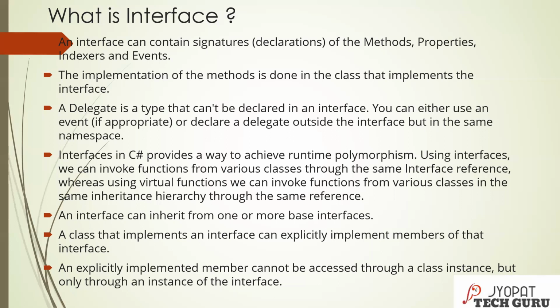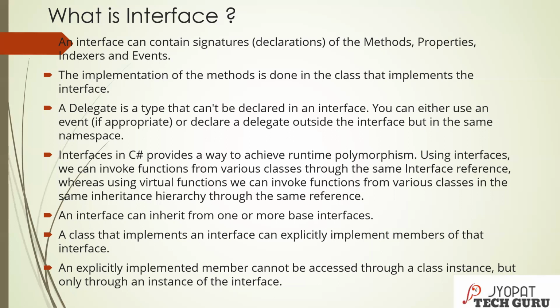A delegate is a type that can't be declared in an interface. So I cannot declare a delegate inside the interface. What is a delegate? It is a type-safe function pointer. You can either use an event or declare a delegate outside the interface, but in the same namespace.